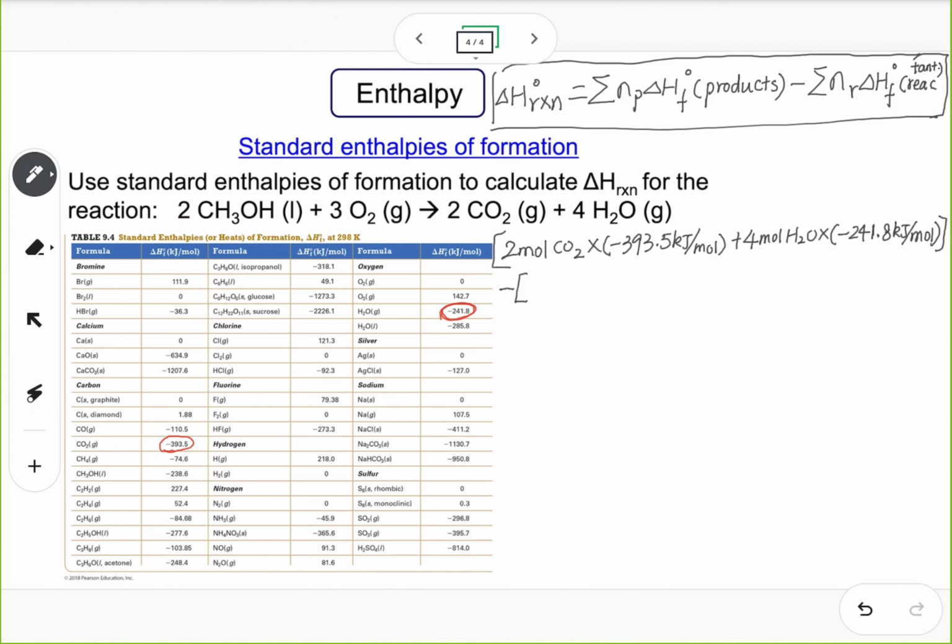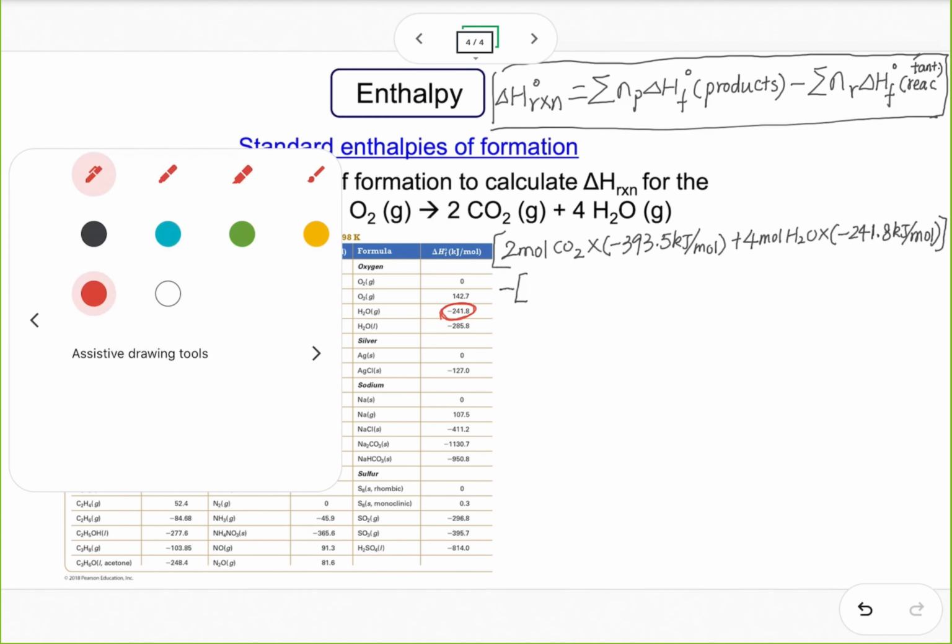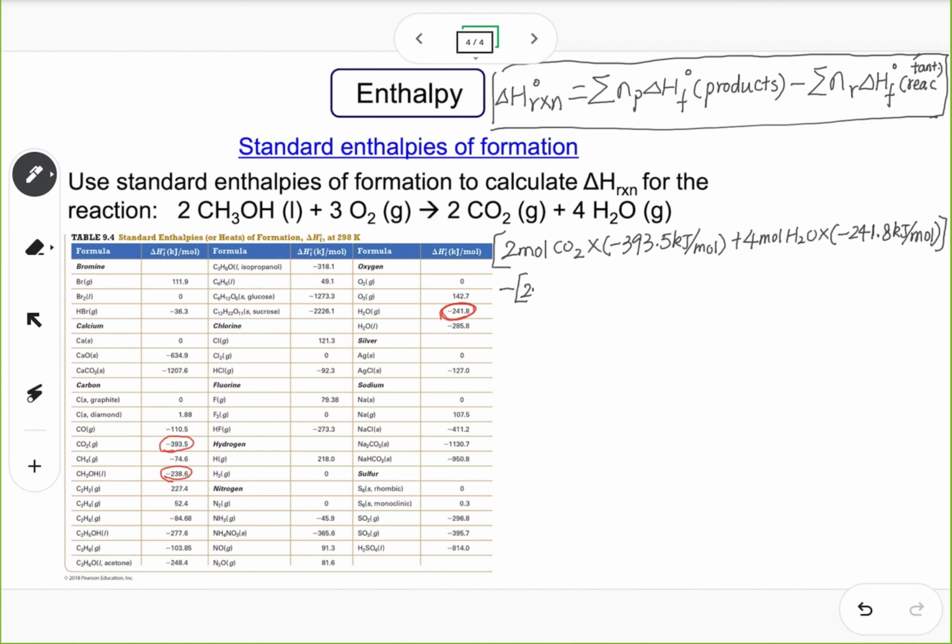The methanol is right here, okay, and you have 2 mole methanol times negative 238.6 kilojoule per mole, and plus. Now second reactant, oxygen.